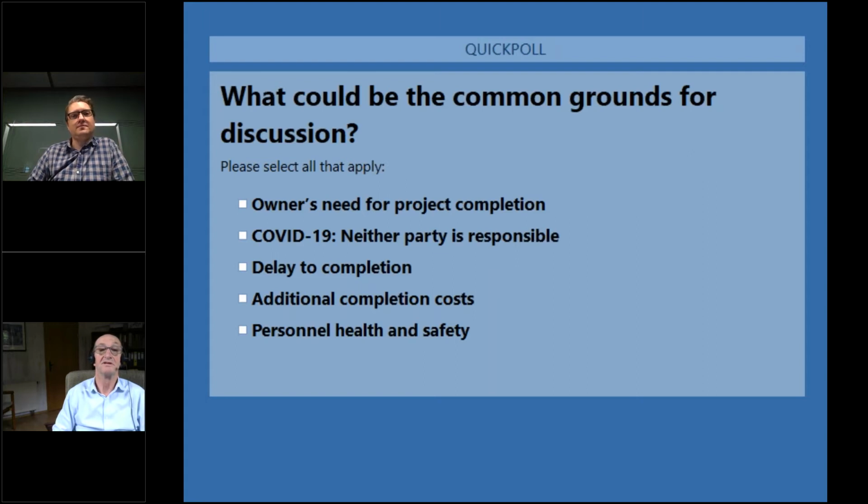Oh, you've done it, very good. Delay to completion, additional completion costs, and personnel health and safety. This is basically not just selecting one, but which of those would anybody think is a ground for basis for discussion with the owner?